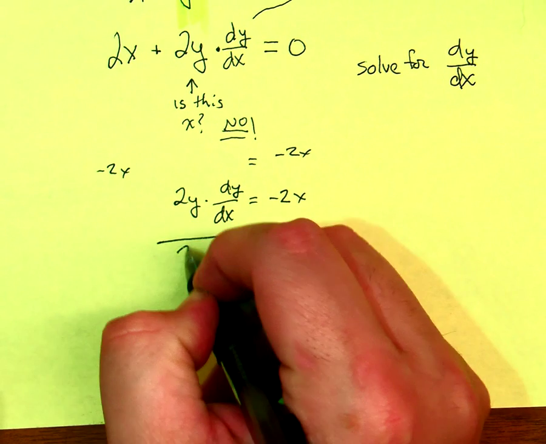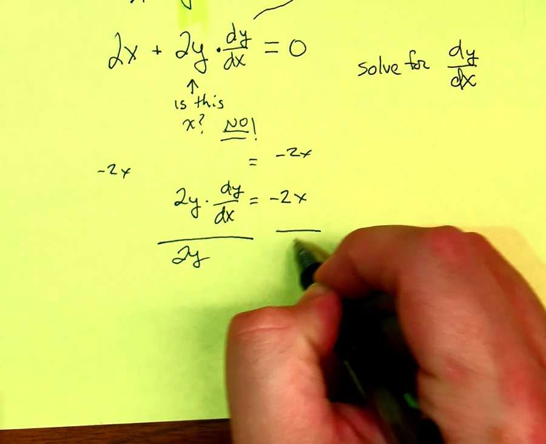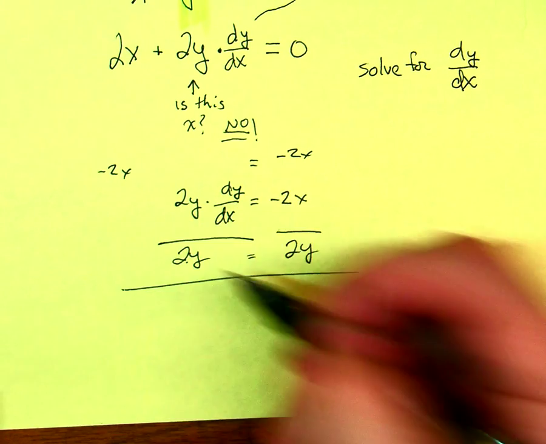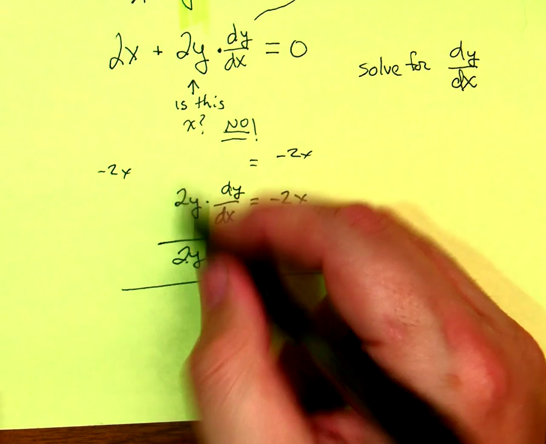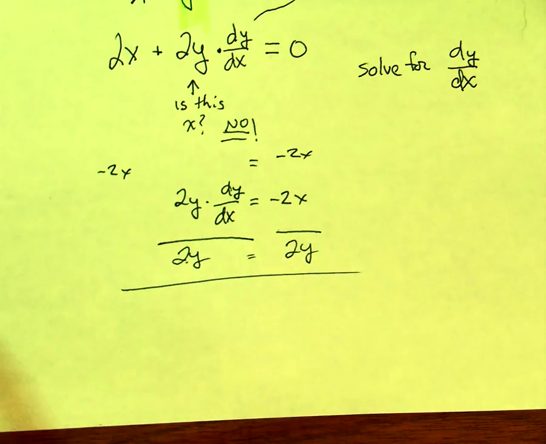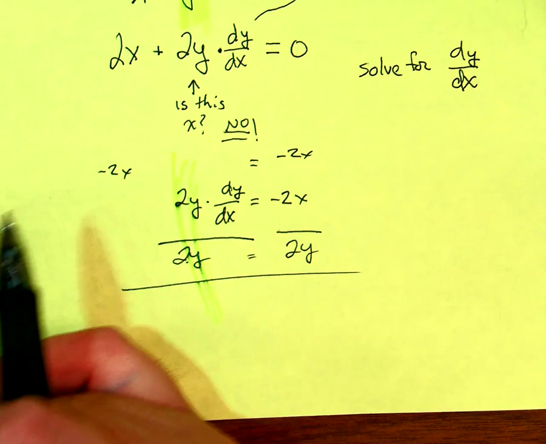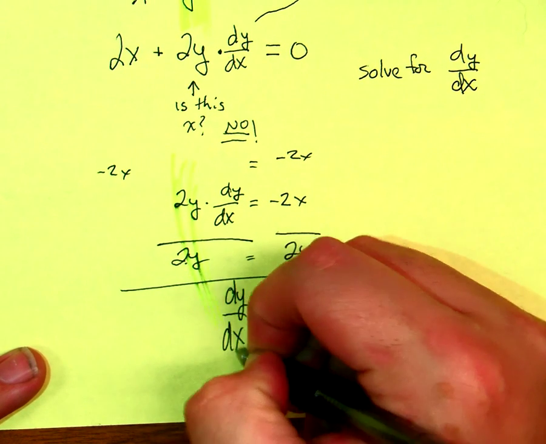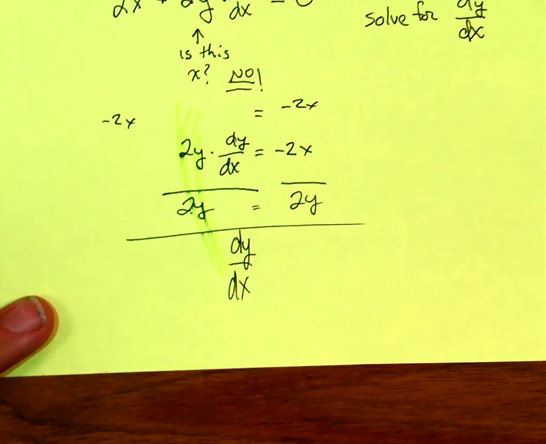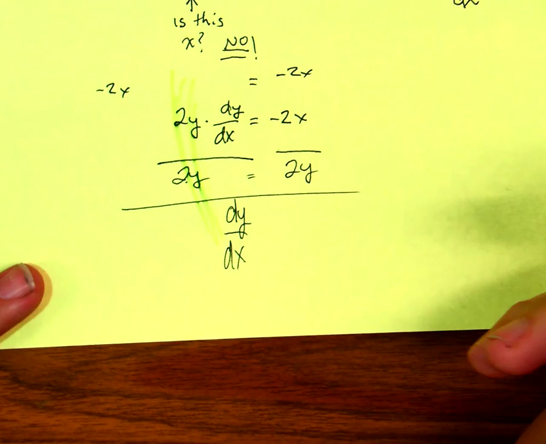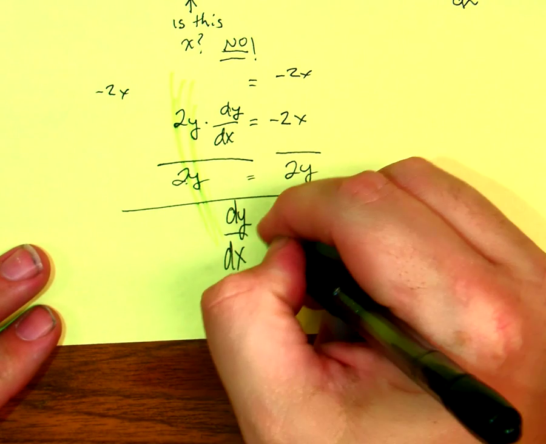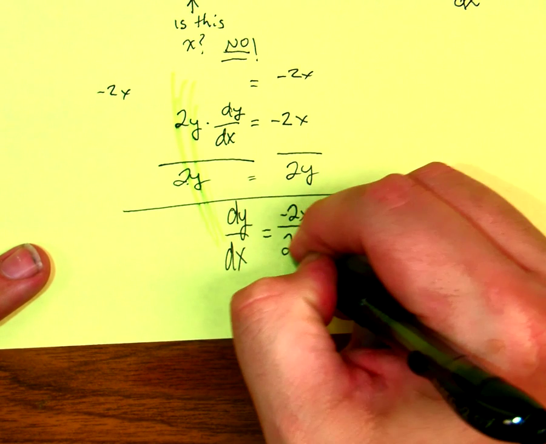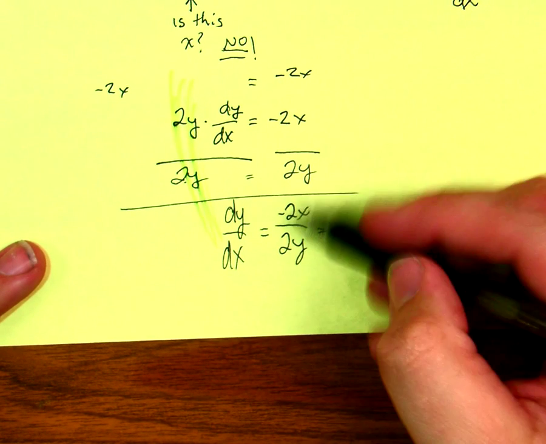So I'm going to divide that by 2y. 2y divided by 2y, that's a 1, so they're just going to divide out. So I'm left with dy dx, which is what I want. And that's the whole reason what we're doing is to get dy dx all by itself. And that's going to be equal to negative 2x over 2y, which is negative x over y.